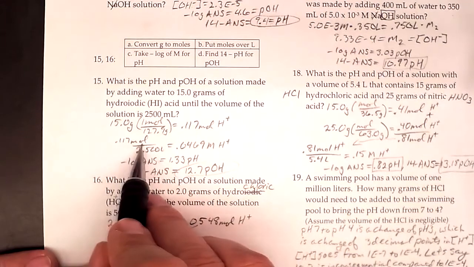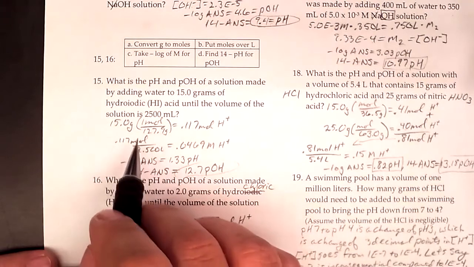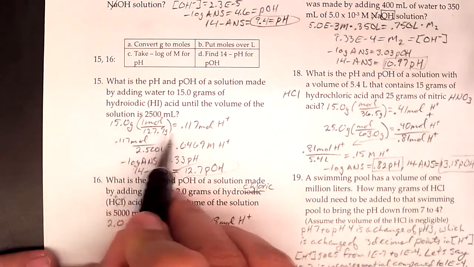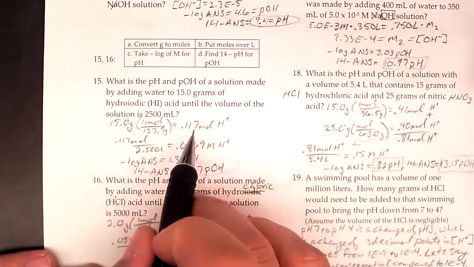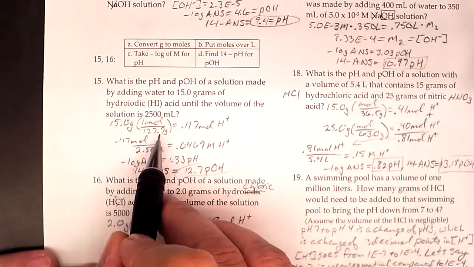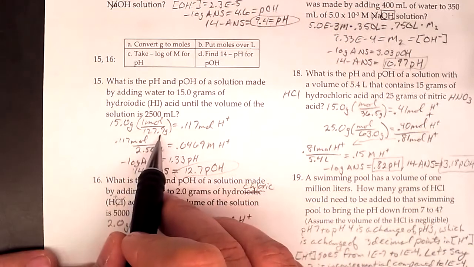What I don't know is the moles, but we have converted grams to moles about 100 times. So I'm going to take the grams, find the molar mass, divide, and I get the moles. Now, also, I know that that's the moles of HI. And when I do the molar mass, I have to include the I to find the real molar mass.